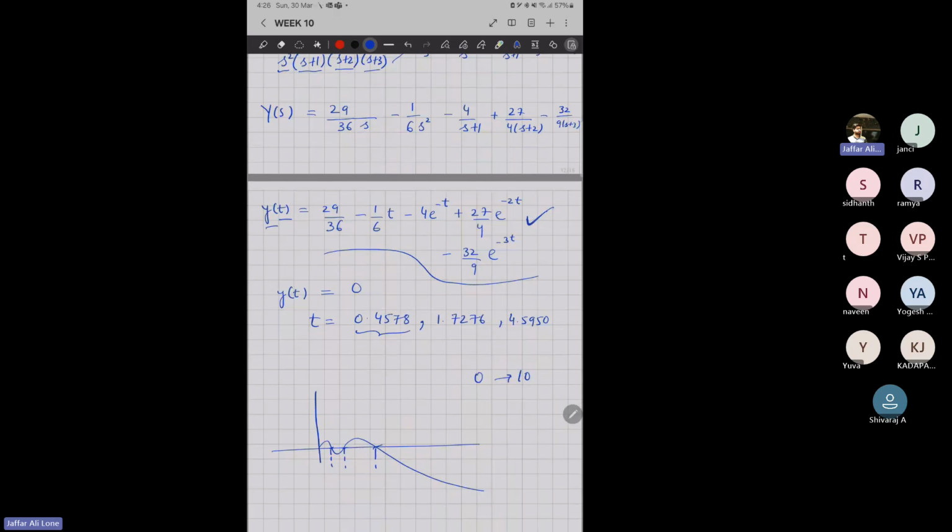And sometimes if you're asked to find the steady state value, so you know steady state value is the final value or the value at infinity, right? So if you are asked to find the steady state output to the unit step, again you'll just put t equals to infinity in this expression, and you'll get the answer. So these are the types of questions.